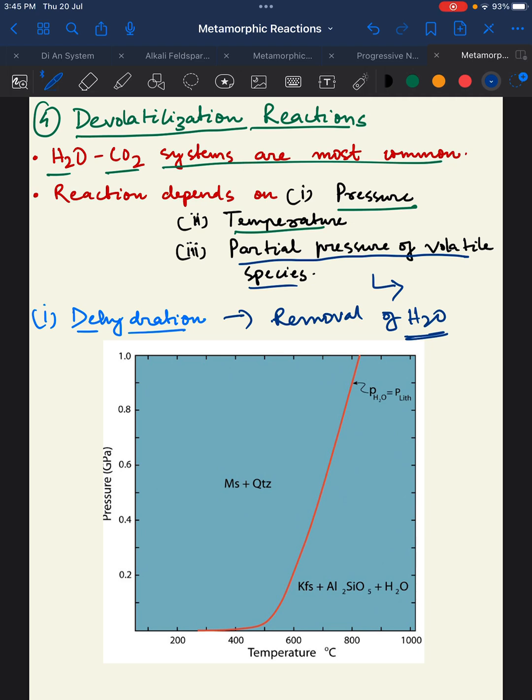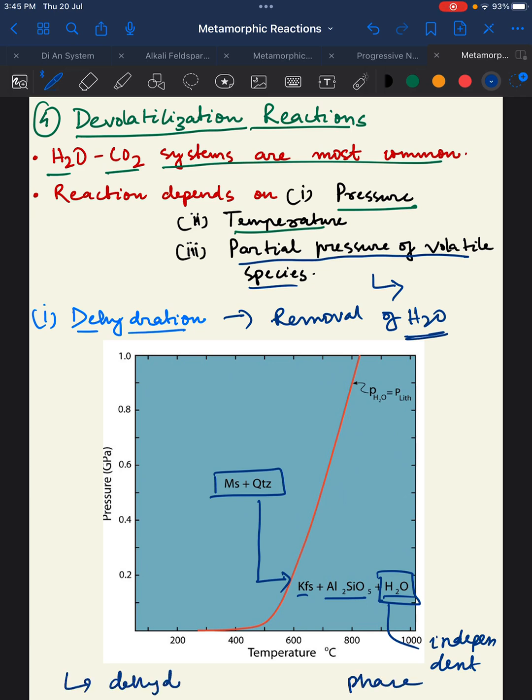We have an example: muscovite plus quartz gives K-feldspar plus sillimanite plus water. Since water is getting formed here as an independent phase, this reaction is called a dehydration reaction.